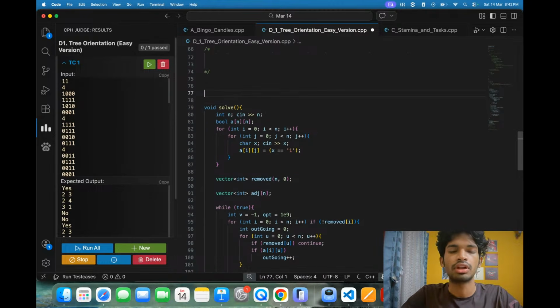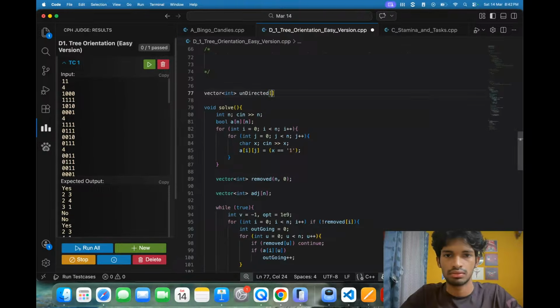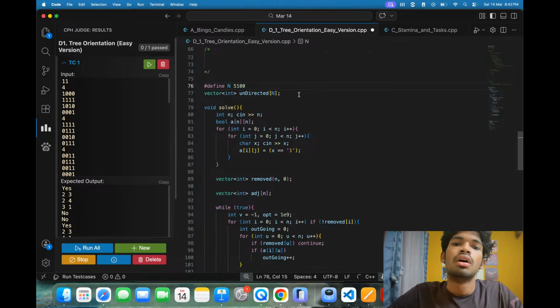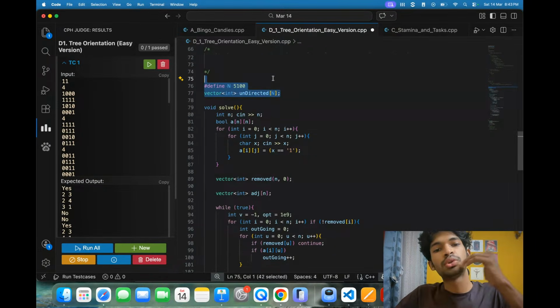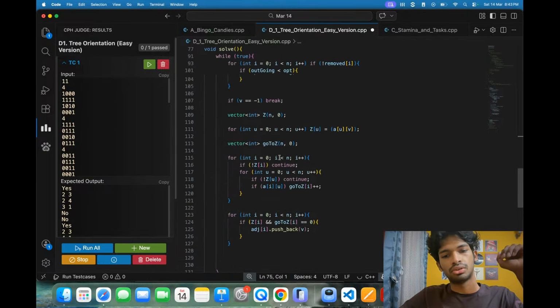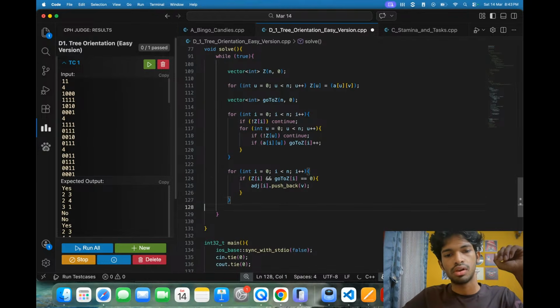Okay. For that, what I will do is, to see if cycles are formed or not, I'll just write an n square solution.